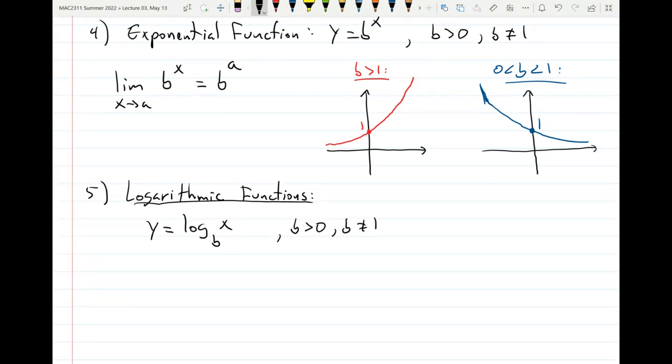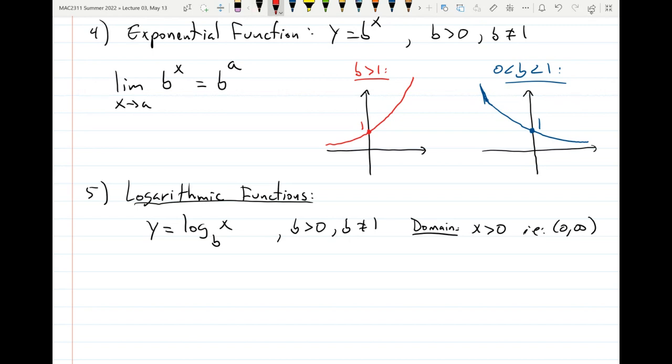Now, remember the domain is x greater than 0. In other words, the domain is from 0 to infinity. You cannot take the logarithm of a negative number.